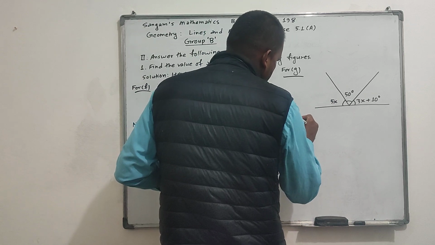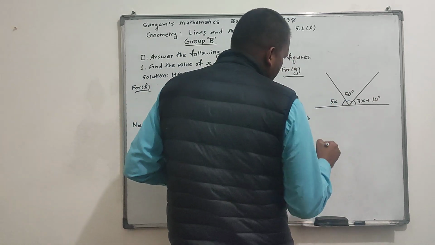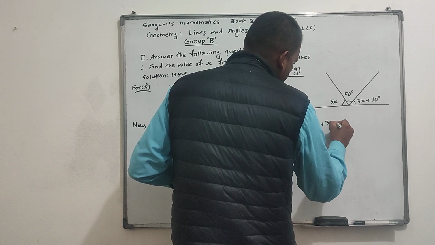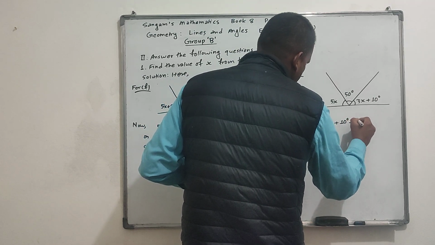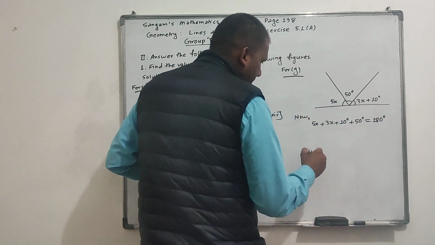Now the sum of three angles is a straight angle. So we can write 5x plus 3x plus 10 degree plus 50 degree equal to 180 degree.